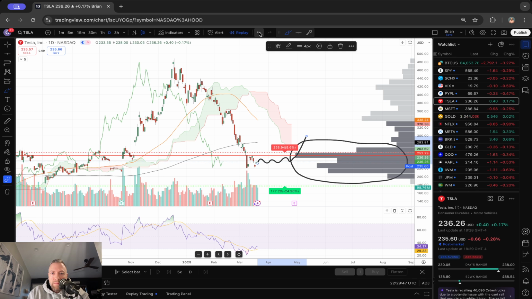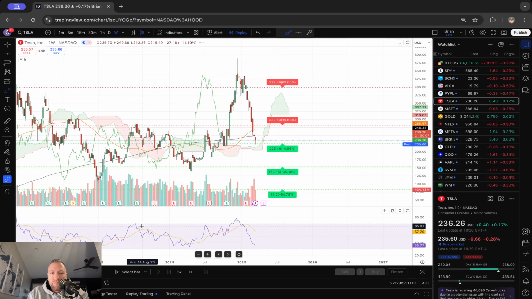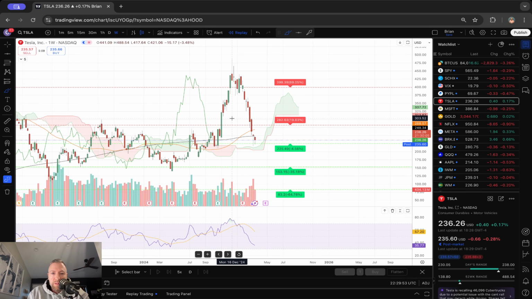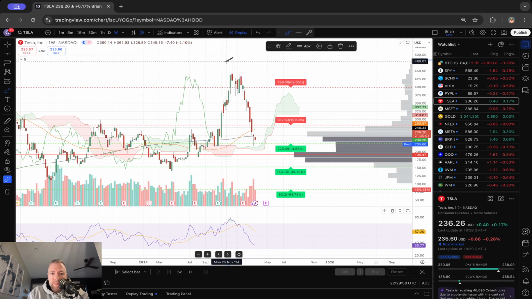So let's look at the weekly chart here. The weekly is interesting. We had that major breakdown from right here. Remember, there's not a lot of volume profile. We had that huge drop right here all the way down, which happened pretty quick.